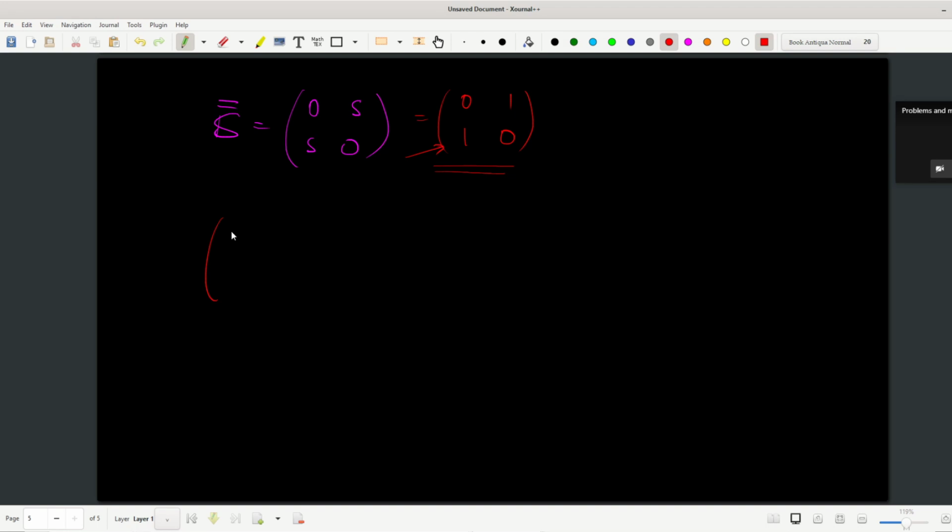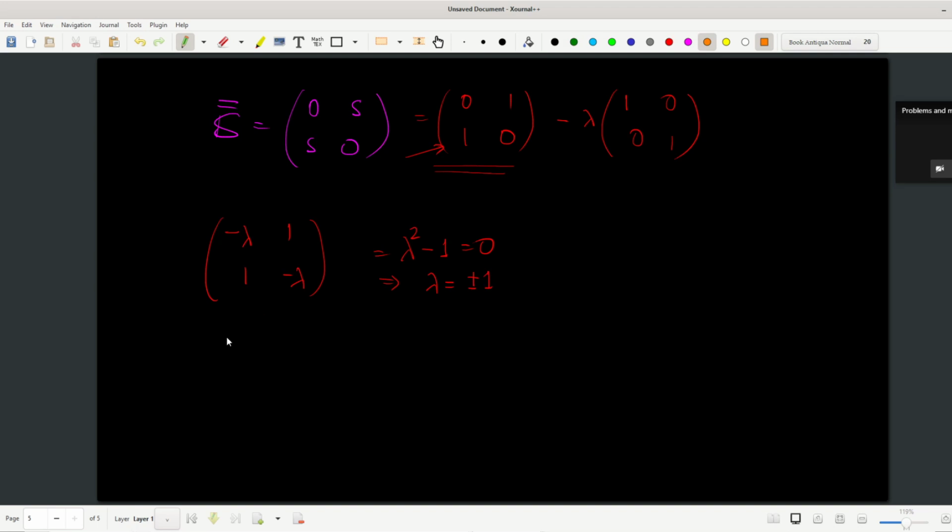We can find them by subtracting lambda times the identity matrix. So this becomes, 1, 1 minus lambda. So this becomes lambda square minus 1 equal to 0, and it gives us two values of lambda, that is plus minus 1.